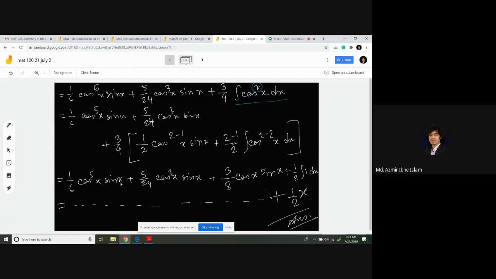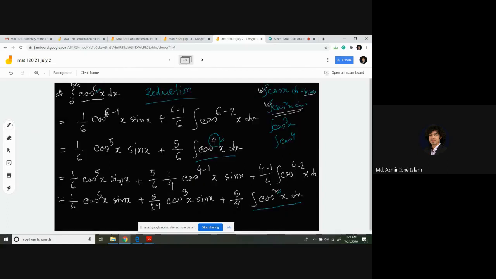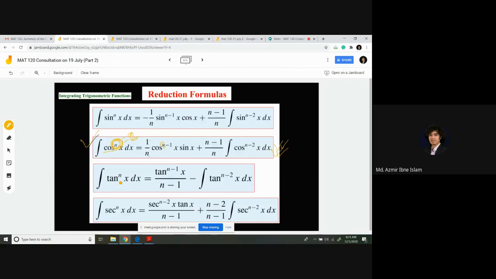Yes. So here we have applied the reduction formula to find this integral. Since you are solving the assignment problems at home, you can directly have a look at the formulas, and in my last consultation I already provided these formulas to you. But those who didn't have them, you can look at the reference books.